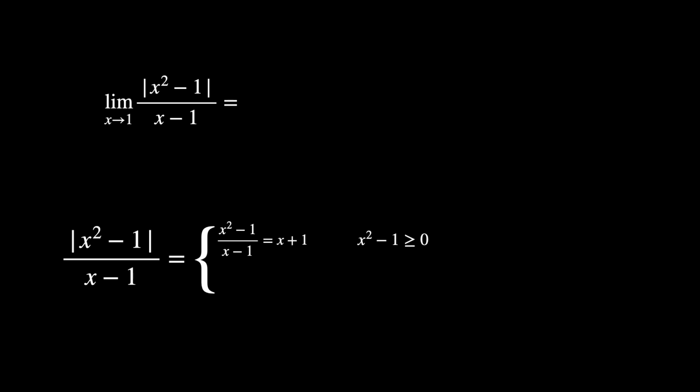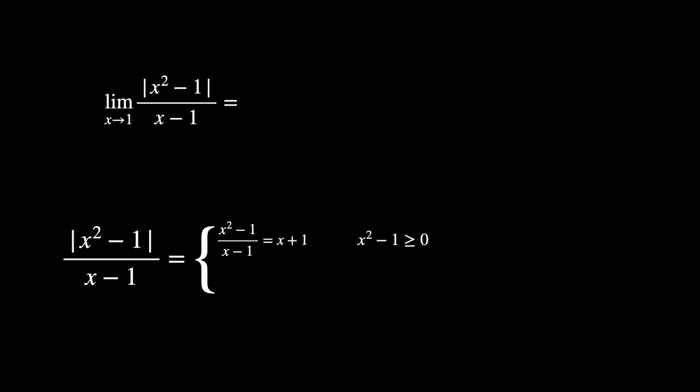So you can see the simplified form is x plus 1. If you just factorize the numerator, it's x plus 1 times x minus 1, so cancel x minus 1, and the equation will be x plus 1.